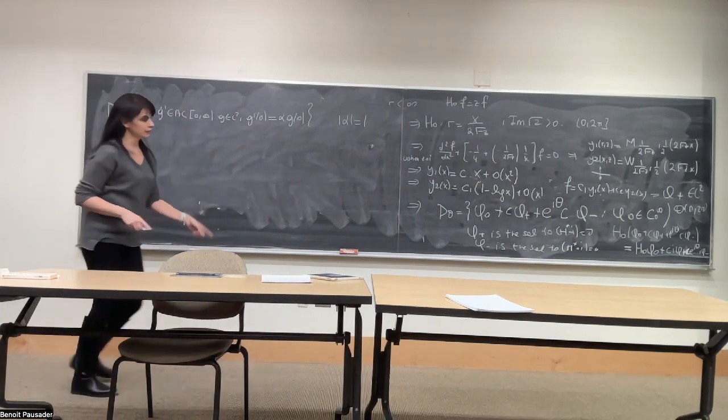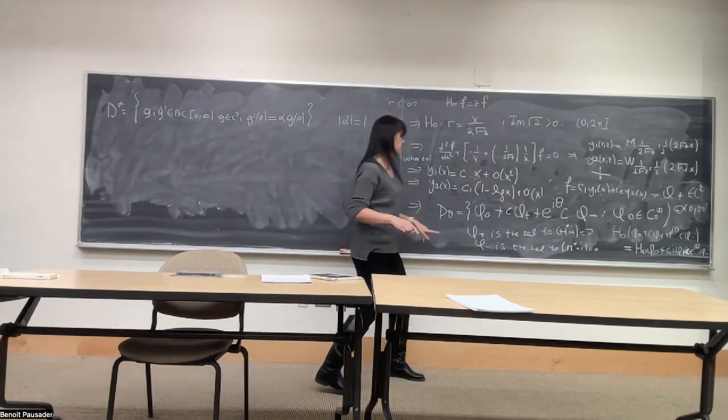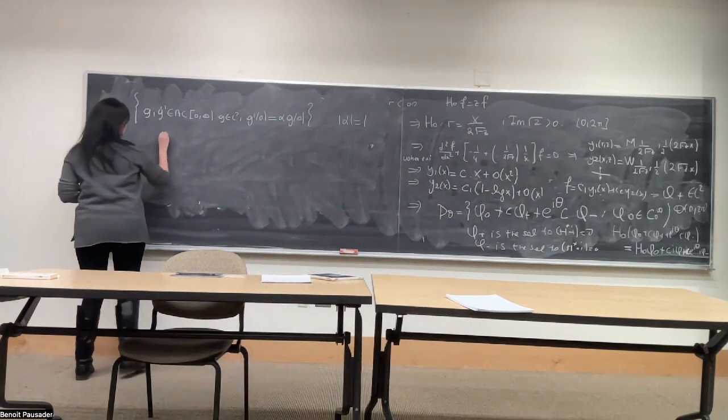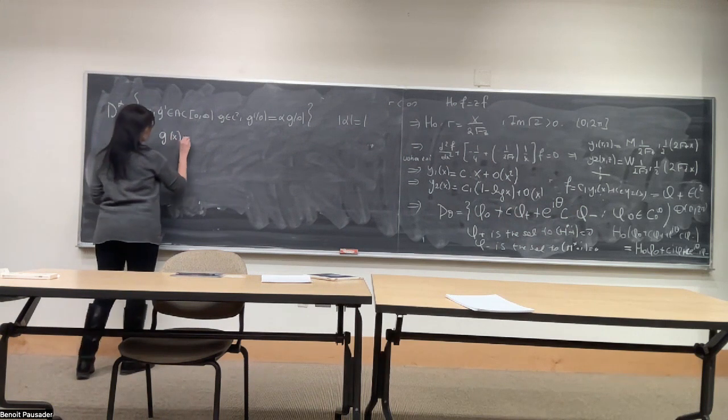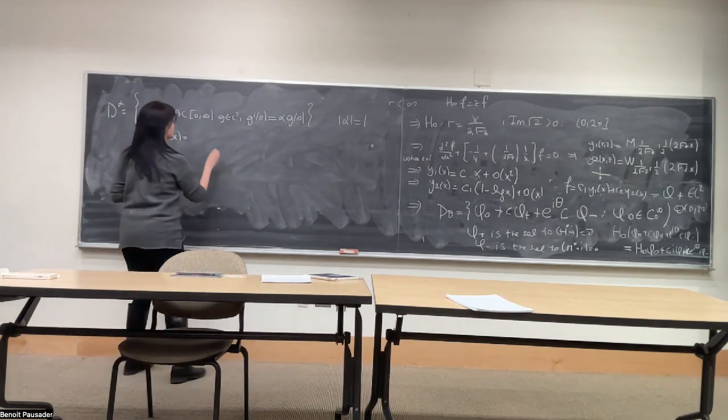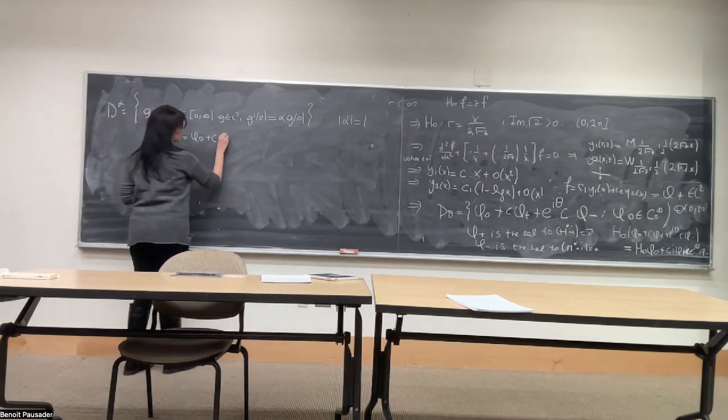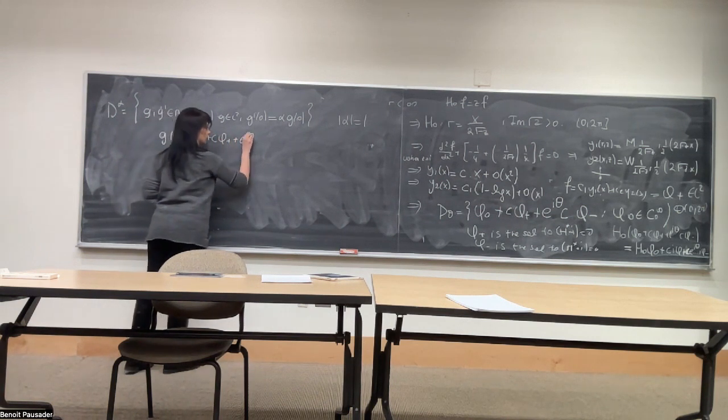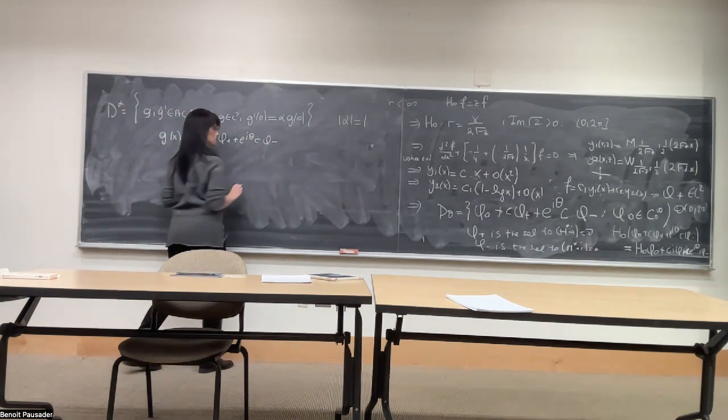So let me look at here. You see, these are my terms. If I just check out G of X, they are going to look like phi 0 plus C plus phi plus plus C minus phi minus.